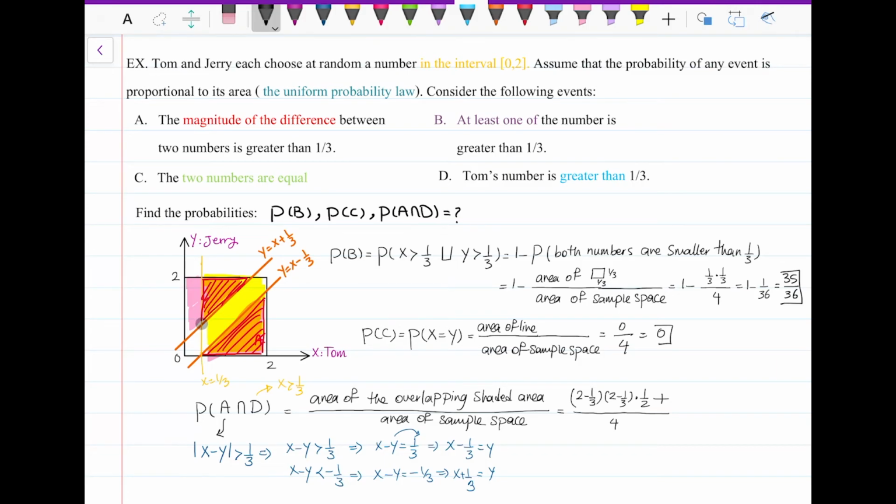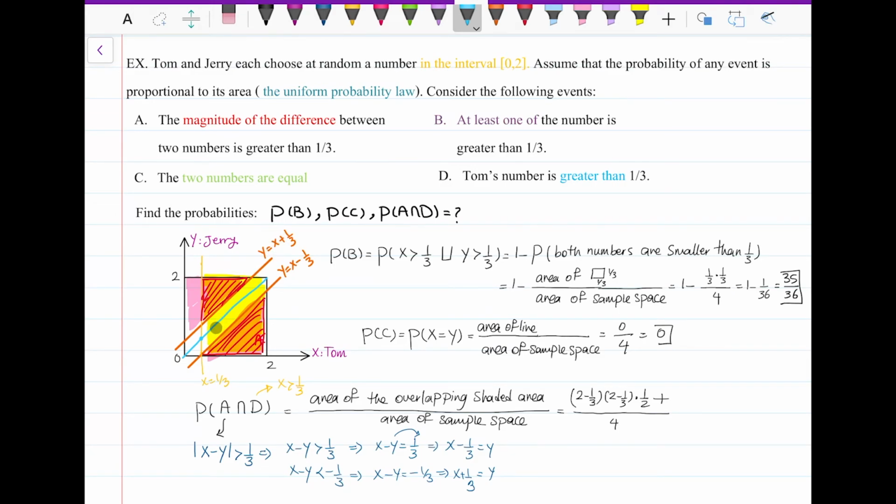I need to find this point in here. As you see, let me do a trick. This is y equals x. So since this blue line is y equals x, now x is 1/3. So this intersection point has y equals 1/3, and then this orange line in here is x plus 1/3.